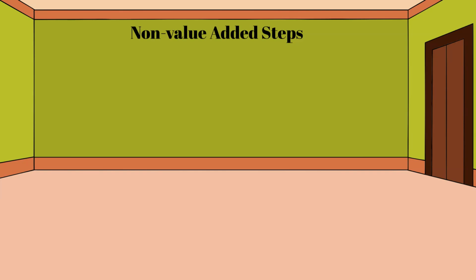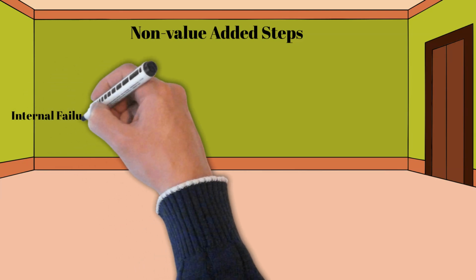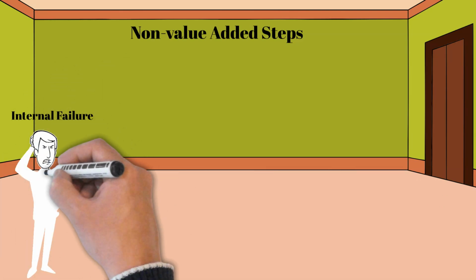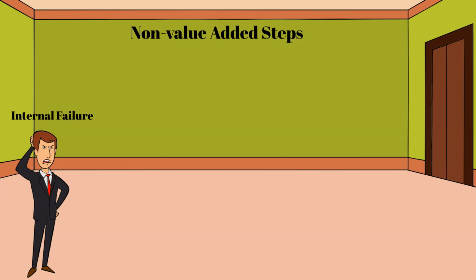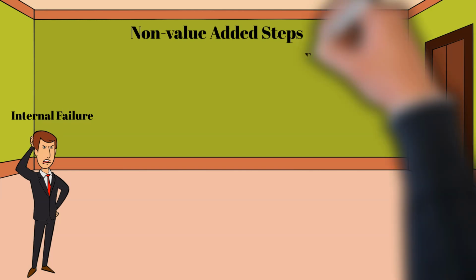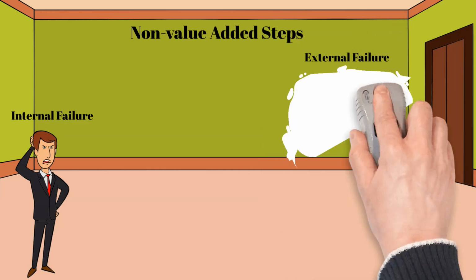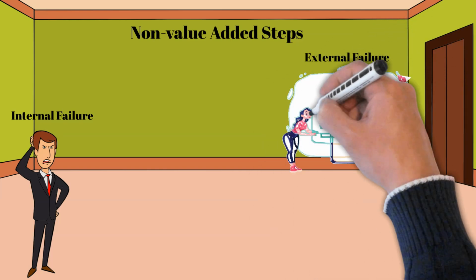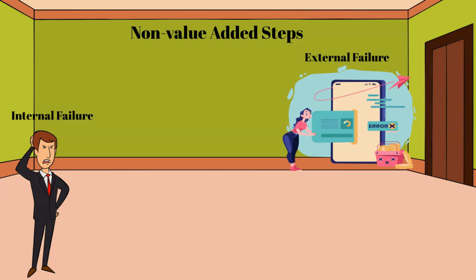The examples of non-value added steps are internal failures, failures that occur during the process and need to be fixed before the product can be delivered to the customer. External failures, failures that the customers discover and then reject the product or service. Control and inspection.